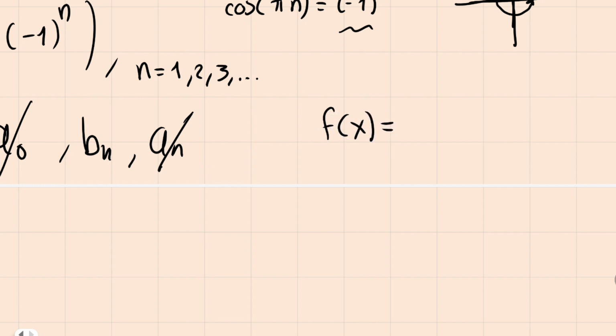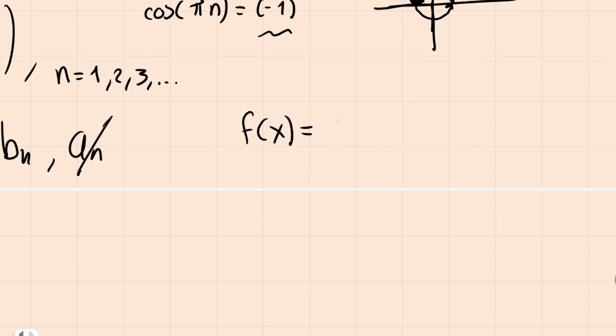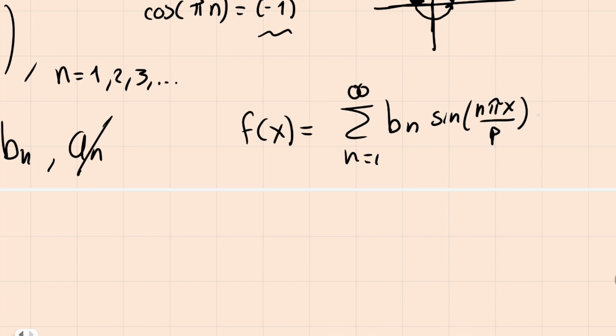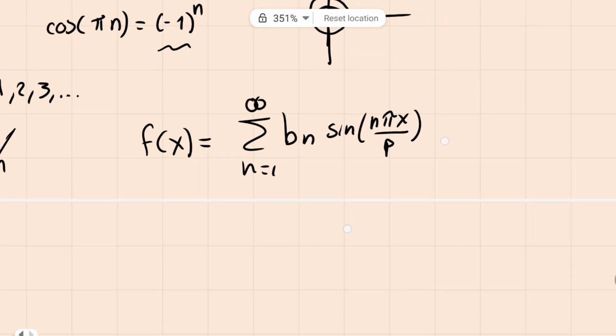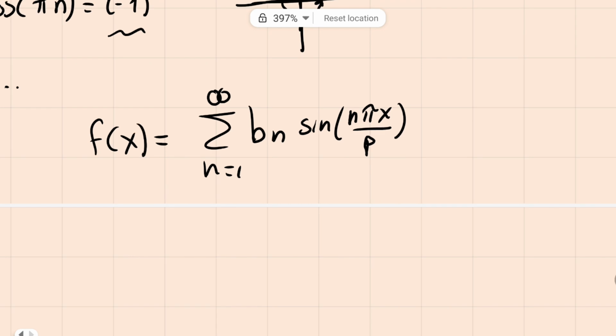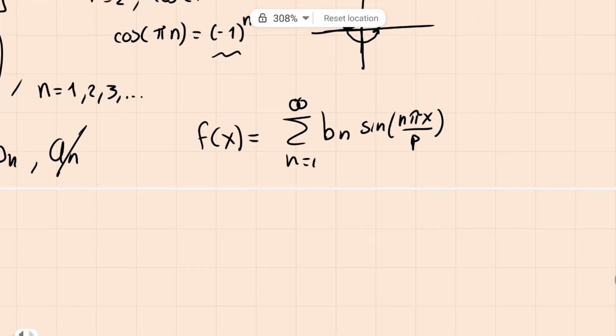We had that f of x is equal to the sum from n equals 1 to infinity of b sub n sine of n pi x over p, where remember p here is equal to pi. But yeah, because the other terms have gone to 0. Okay, perfect.